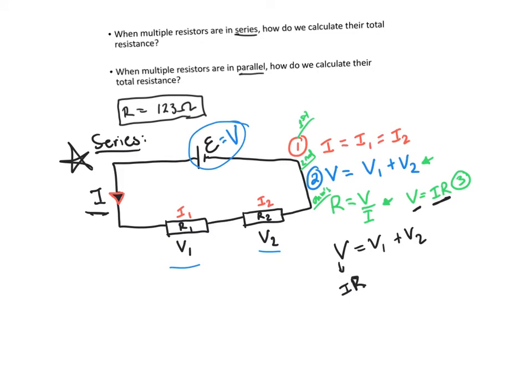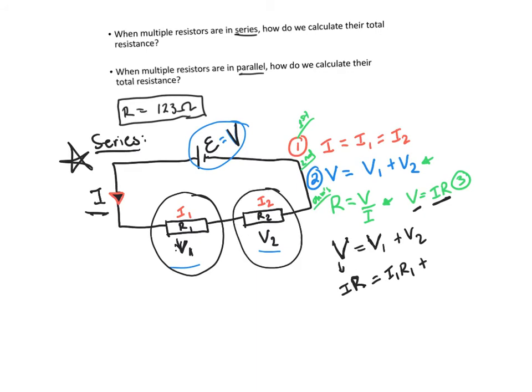This is the total resistance, because this is the total potential difference here. Then I can rewrite V1 as I1 R1, because we are talking about the potential difference across R1 and the current through R1, plus for V2, it is the resistance R2 and the current through R2.